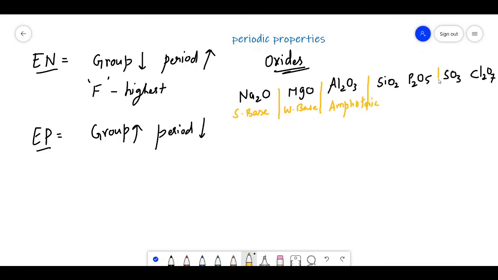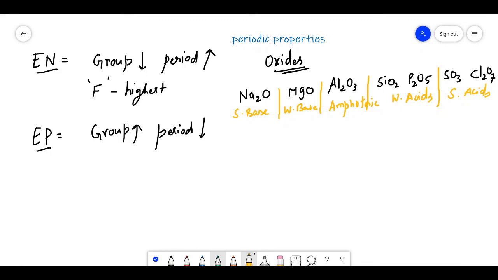And these two, SiO2 and P2O5, are weak acids, and SO3 and Cl2O7 are strong acids. Strong acids and weak acids. So from this you can understand what is happening to acidic nature and basic nature.